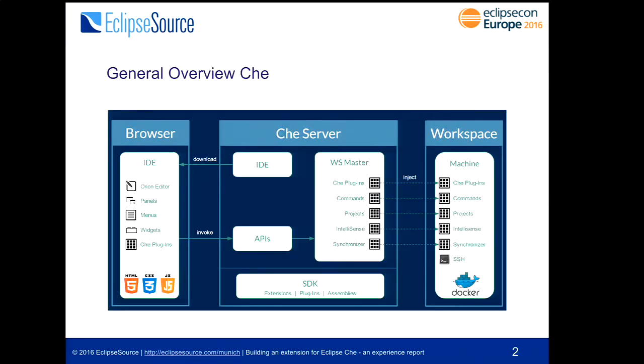Let me start with a brief overview about Che. So I will not go too much into detail about the framework, but it's important to understand its basic concepts. So Che is basically two things. First, and that's the simple one, it's a cloud-based or web-based IDE that you can use. In combination to that, it's also a system to share workspaces.